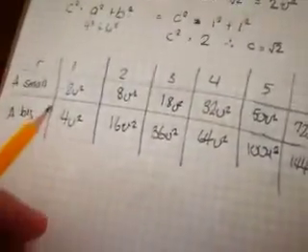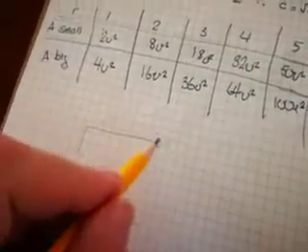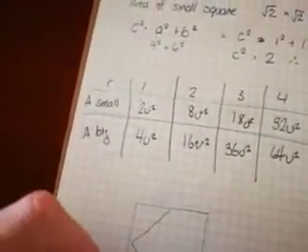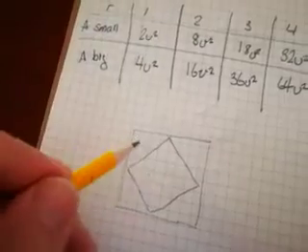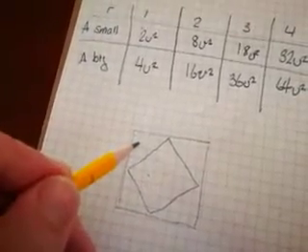So what this is telling us is if I have a big square, and if I put a small square in it, the area of the small square is exactly half of the area of the big square.